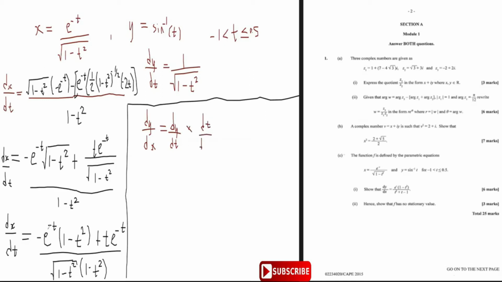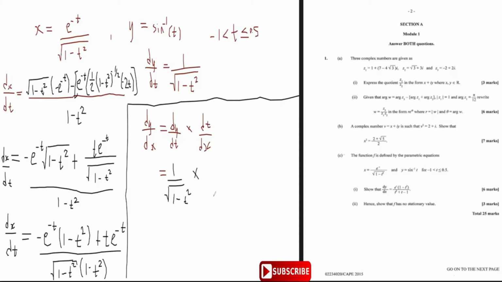Yes, we do. We have dx by dt, and so dt by dx is just the reciprocal of this. And so dy by dx is going to be equal to dy by dt, which we found to be 1 over the square root of 1 minus t squared, multiplied by dt by dx.